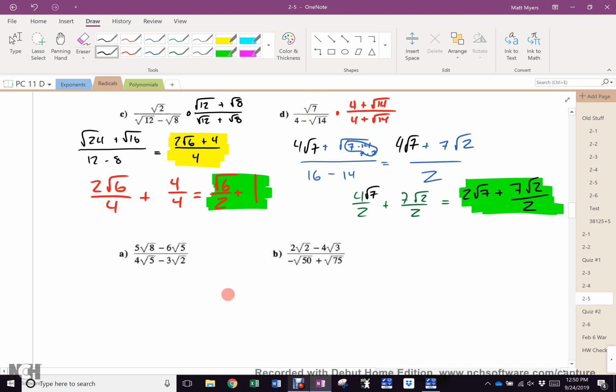This is really root 7 over 4 minus root 7 over root 14. You can't do that because this is all one thing. Okay, it's just like over here where we can't take just part of it.